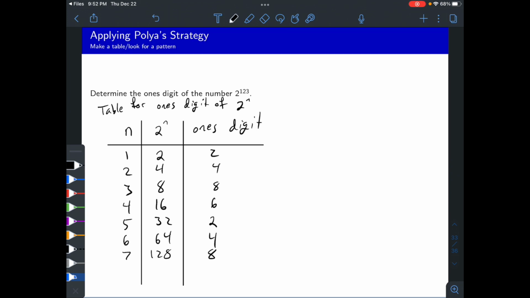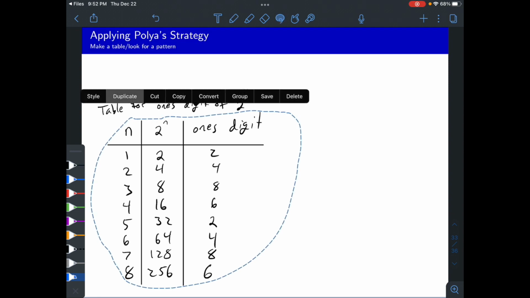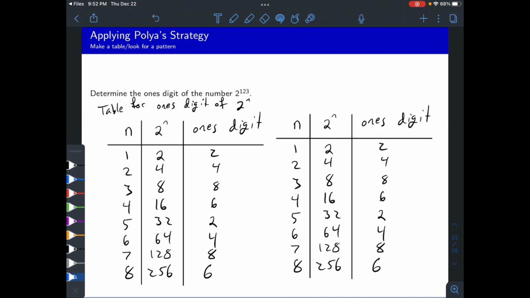These numbers are starting to get pretty big, so hopefully we can find a pattern soon. 2 to the 8 is 256, so that brings us to a 6 there. Let's extend this table over here, except maybe let's get rid of that 2 to the n column.